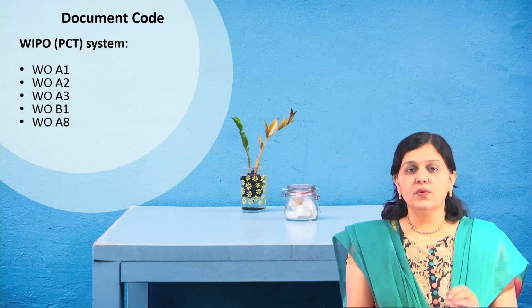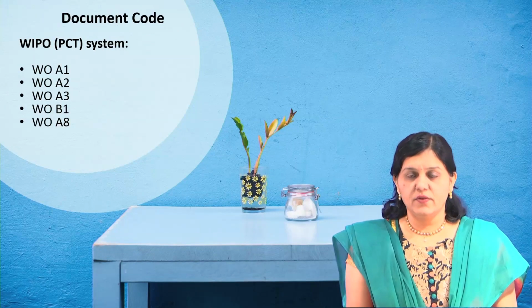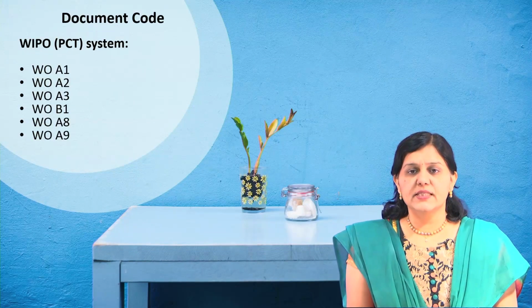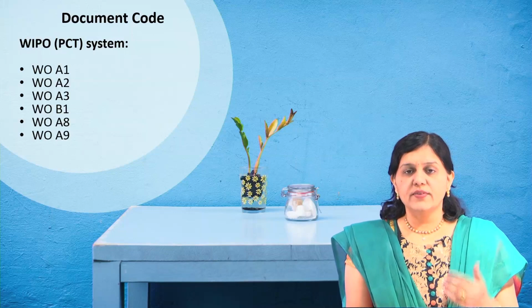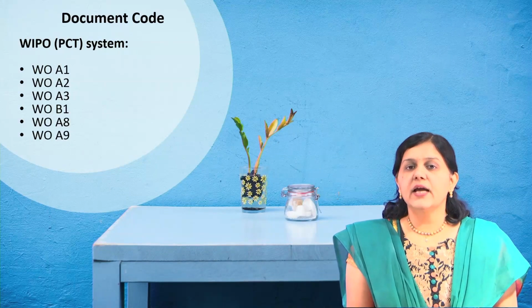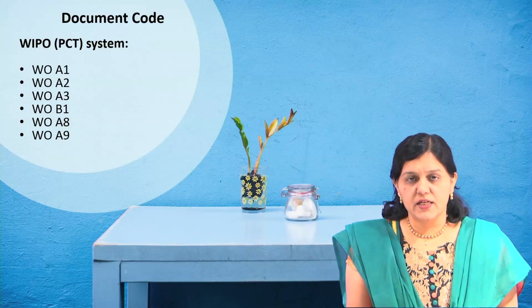Then WOA8 is a modified first page. We know what that first page is. All bibliographic information is there on the first page. So, if there is any modification in that first page, then that will be published as WOA8.